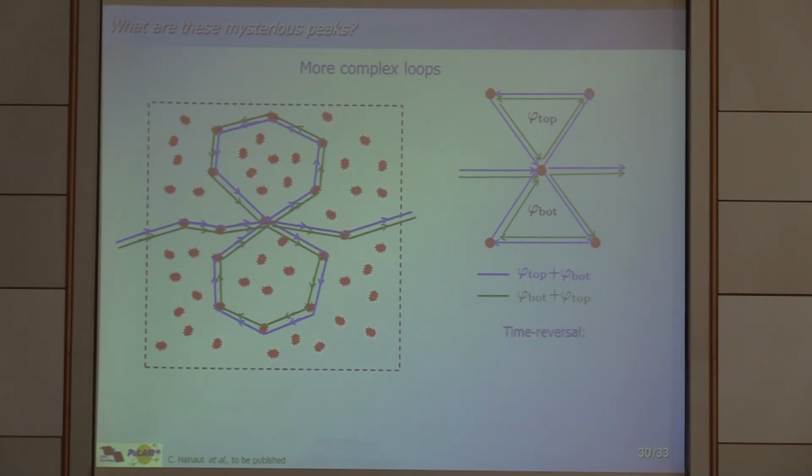But if I do time reversal invariance breaking here, I change the signs of the phases, but I change the phase for both, and the complete phases are still equal. So this is a signature called coherent forward scattering that survives time reversal invariance breaking.